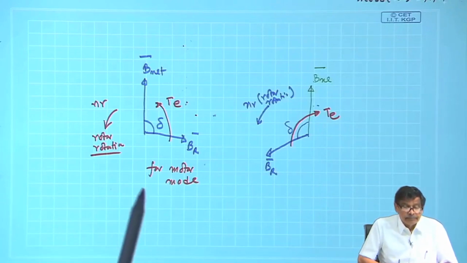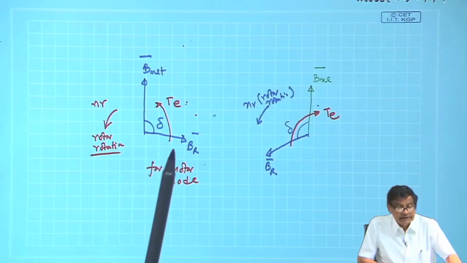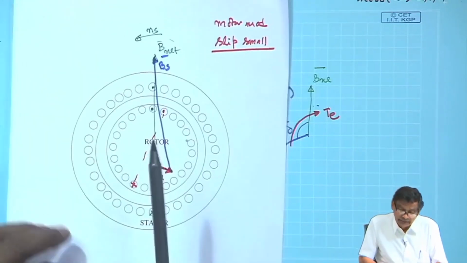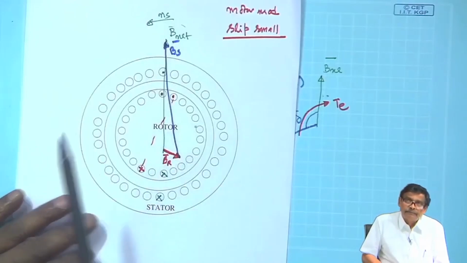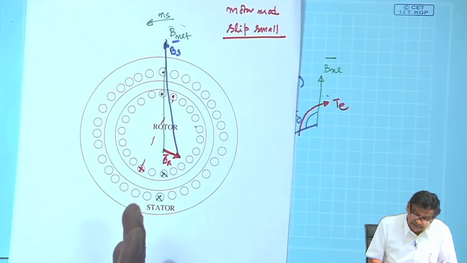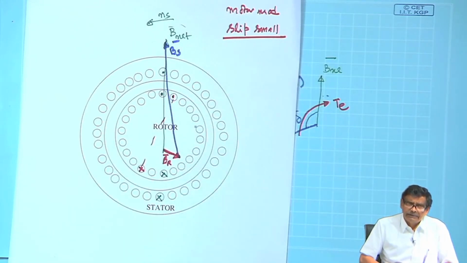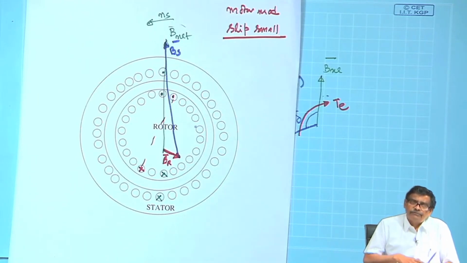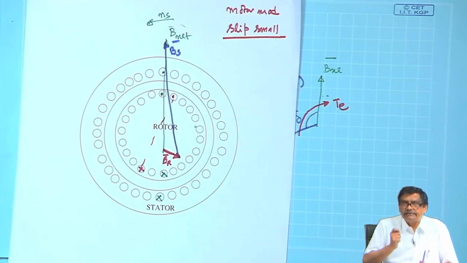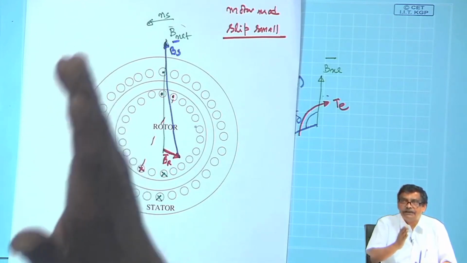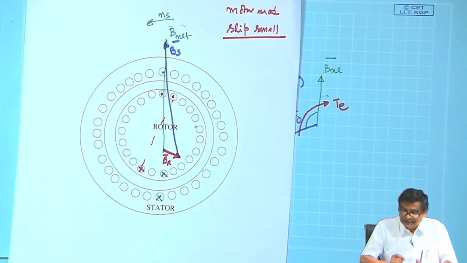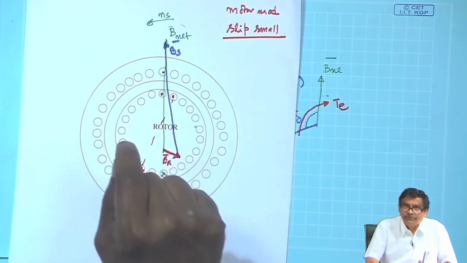And not only that, coupled with this idea that at any instant when I am drawing Bs here, the resultant field of stator or rotor, it is difficult, but they are carrying time varying current, no doubt, but at least I am sure when, for example, A phase instantaneous current is maximum, perpendicular to the A phase coil magnetic axis, your resultant field is lying. That is the information I have used here.